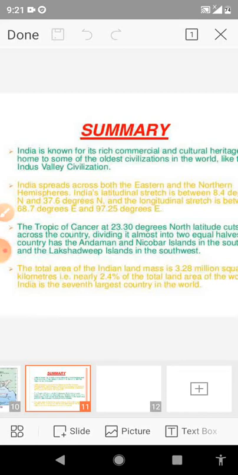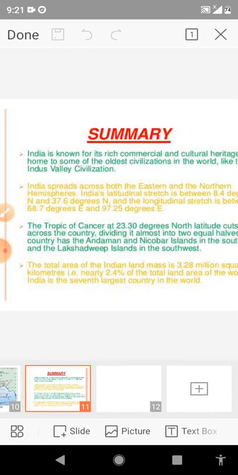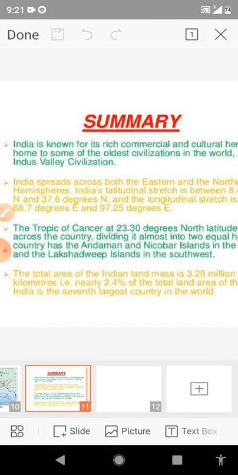The latitudinal extent is between 8 degree 4 minute north and 37 degree 6 minute northern latitude. In the same way, the longitudinal extent is between 68 degree 7 minute east and 97 degree 25 minute eastern longitude. The Tropic of Cancer, that is 23.5 degree northern latitude, passes through almost the middle of our country, and it divides our country into two equal halves.